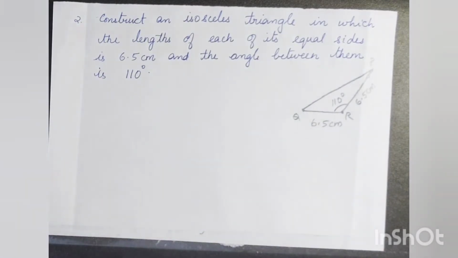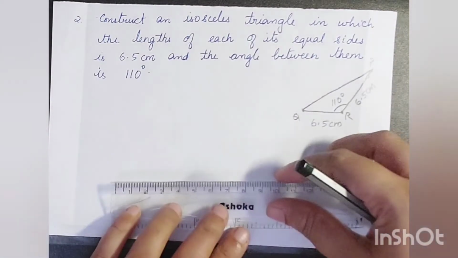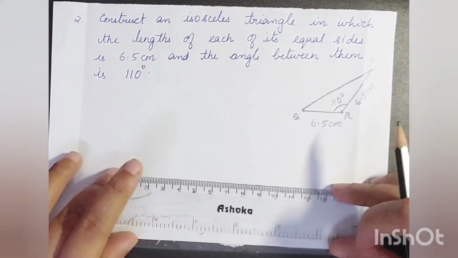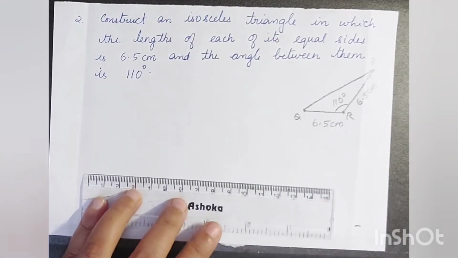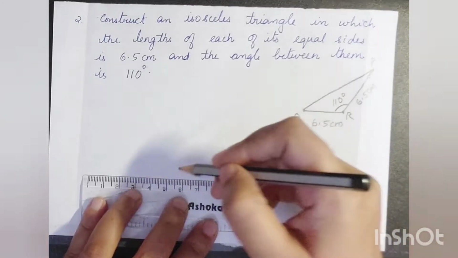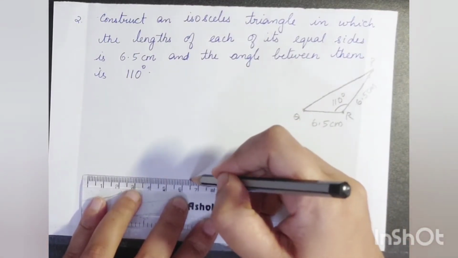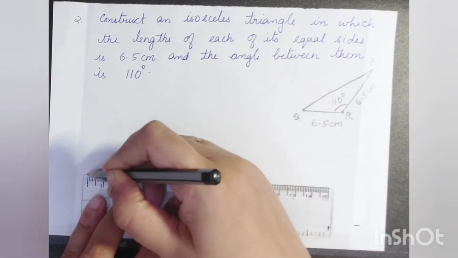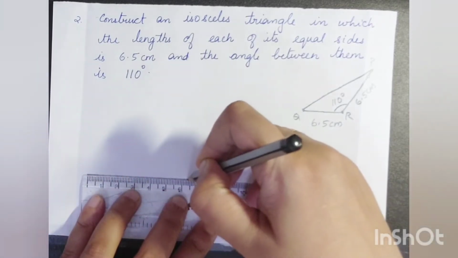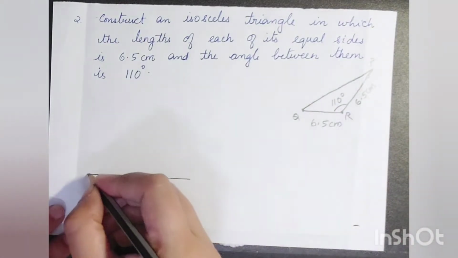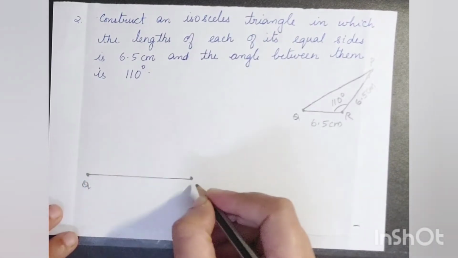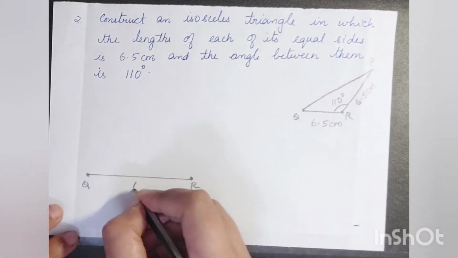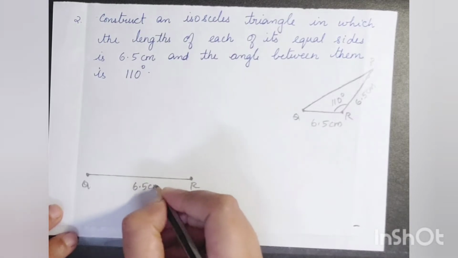Okay. So as per our diagram, what is the base? QR is the base, right? So let's construct QR first. QR is equal to 6.5 centimeter. So let's draw the line segment QR, which is equivalent to 6.5 centimeter.